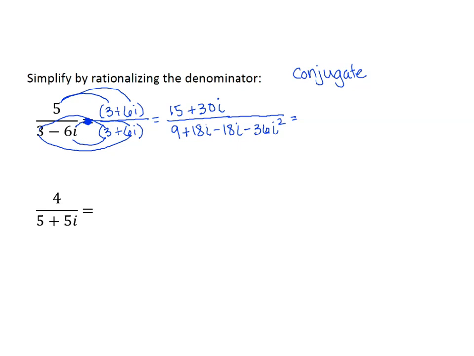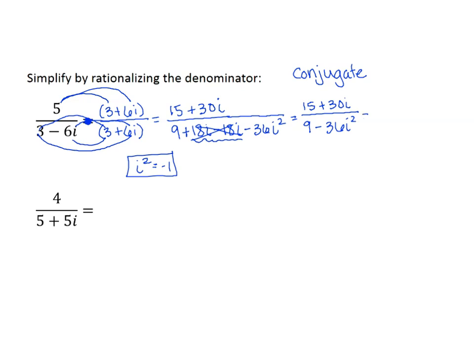That is going to simplify because I'm going to combine like terms. So I'm going to have 15 plus 30i on top. On the bottom, I'll have 9, and then my plus 18i minus 18i is going to cancel out to equal 0. So I have minus 36i squared. But we know that i squared is equal to negative 1.